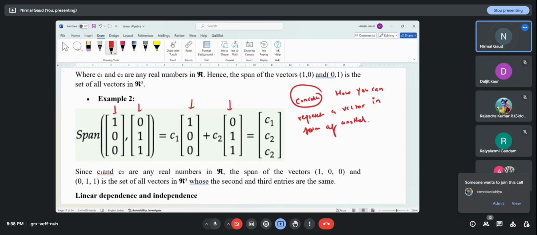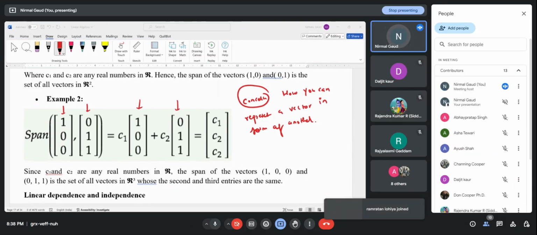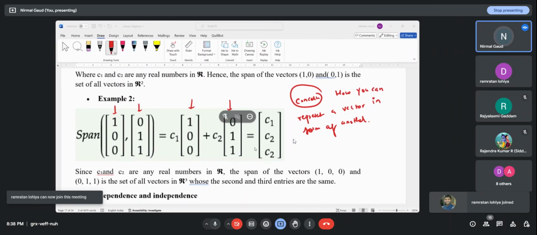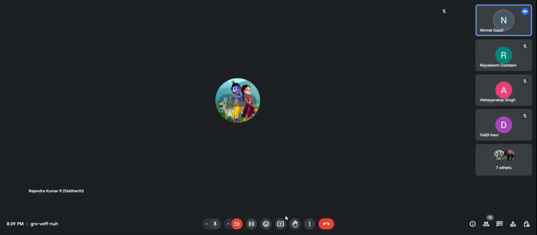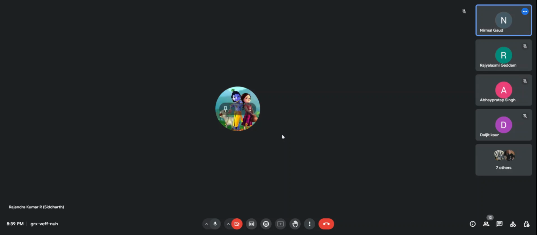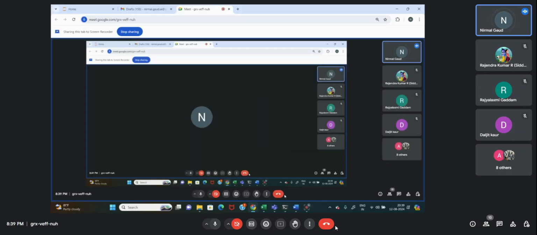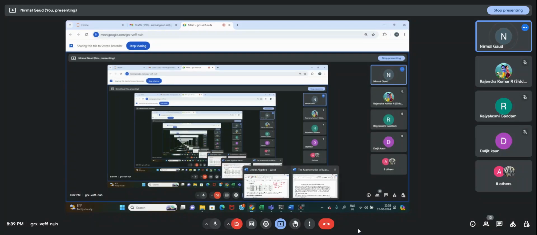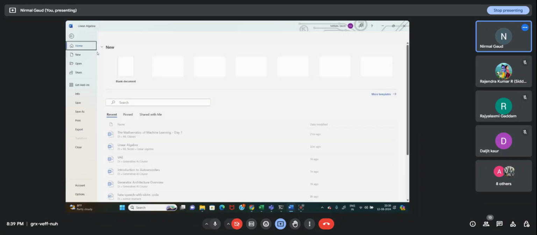Because in a space you are available with many vectors, because in a space you are having different points. Now why this concept is important, let me share my entire screen and give you some thoughts related to it. Okay, let's discuss this span thing, why this is important.